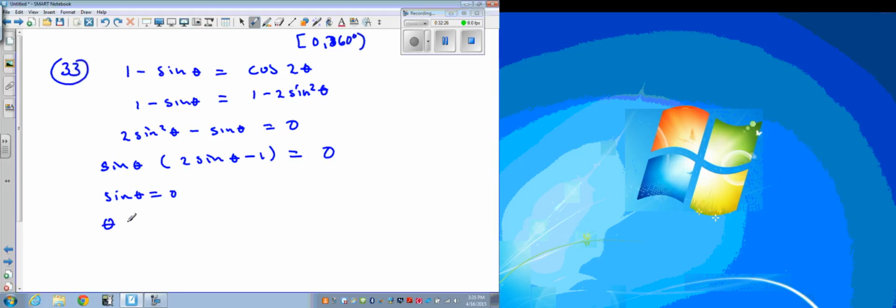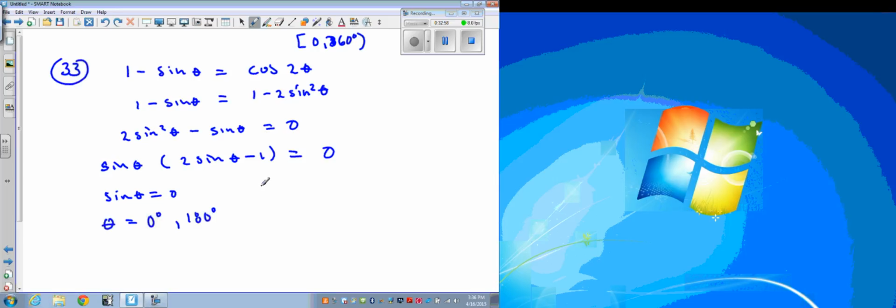So theta is 0 in that range. Where else? Oh, sine, so 180. The next place would be 360, but 360 can't be included, right?